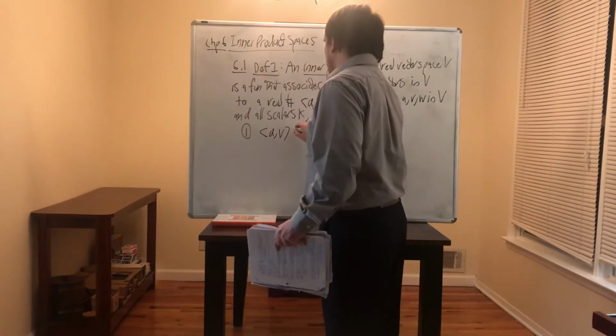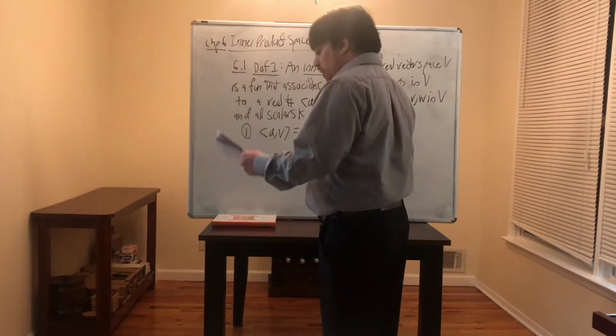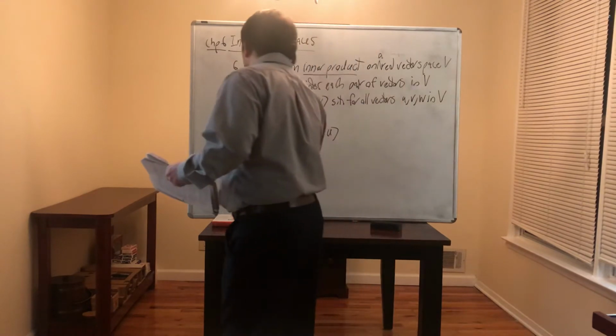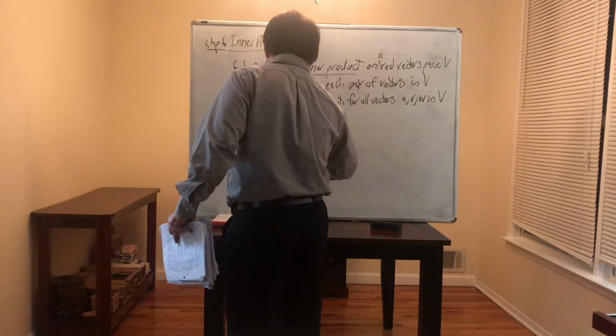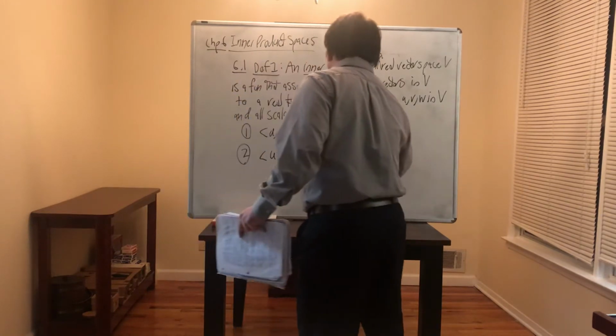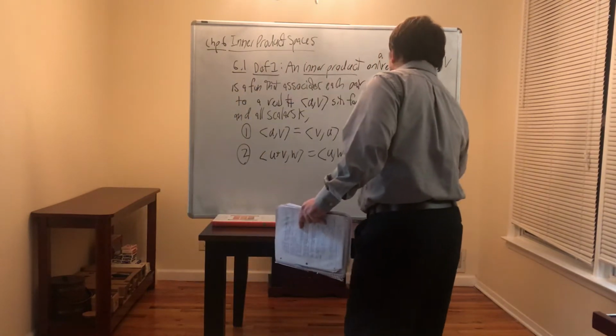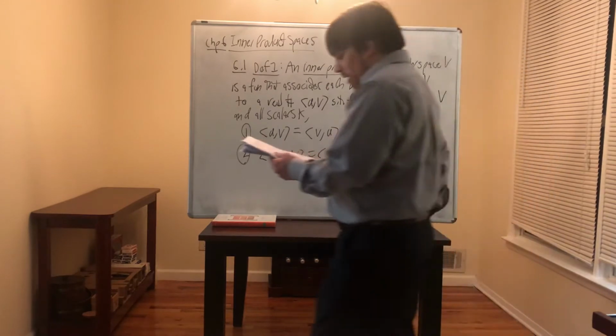this is called the inner product of U and V. So the inner product of U and V is equal to the inner product of V and U. That's called the symmetry axiom. 2, the inner product of U plus V and W is equal to the inner product of U and W plus the inner product of V and W. It's called the additivity axiom.